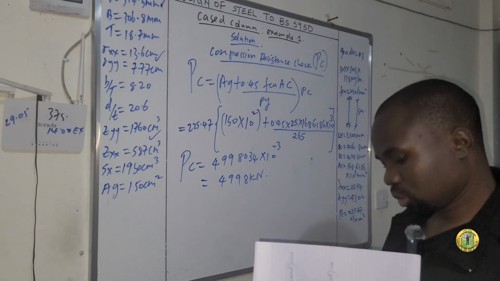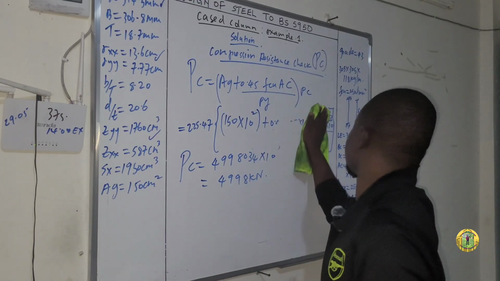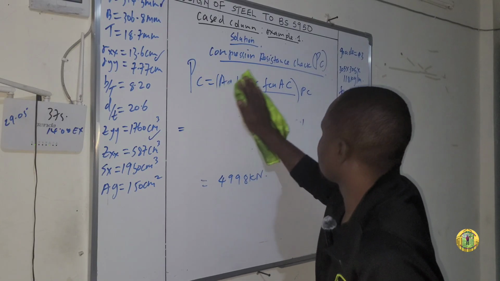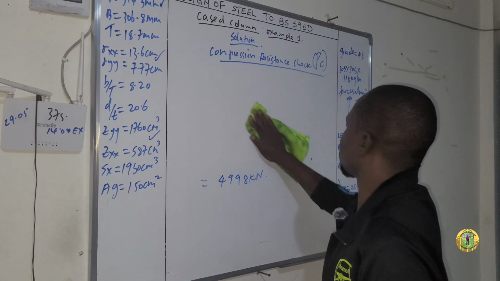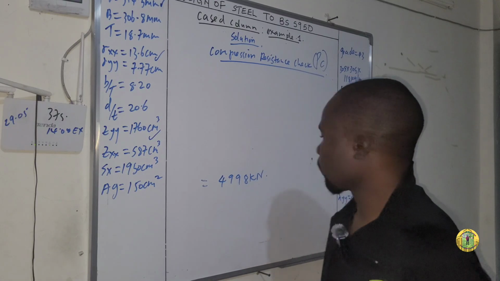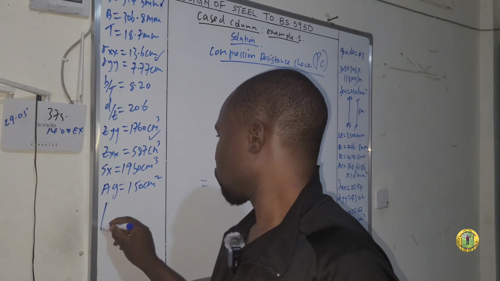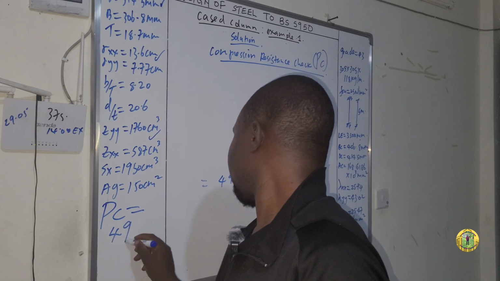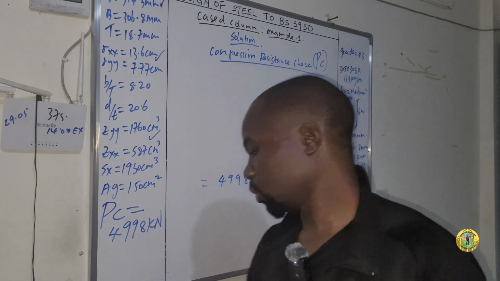So you can come here and say PC is equal to 49.98 kilonewton.